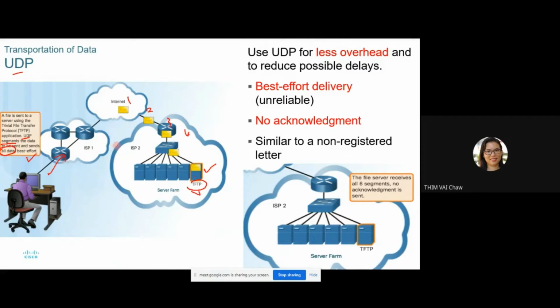They will not check whether any data is lost, and they do not do any acknowledgement. So this particular PC will not know whether all the data is already stored in this particular server or not, because there is no acknowledgement.